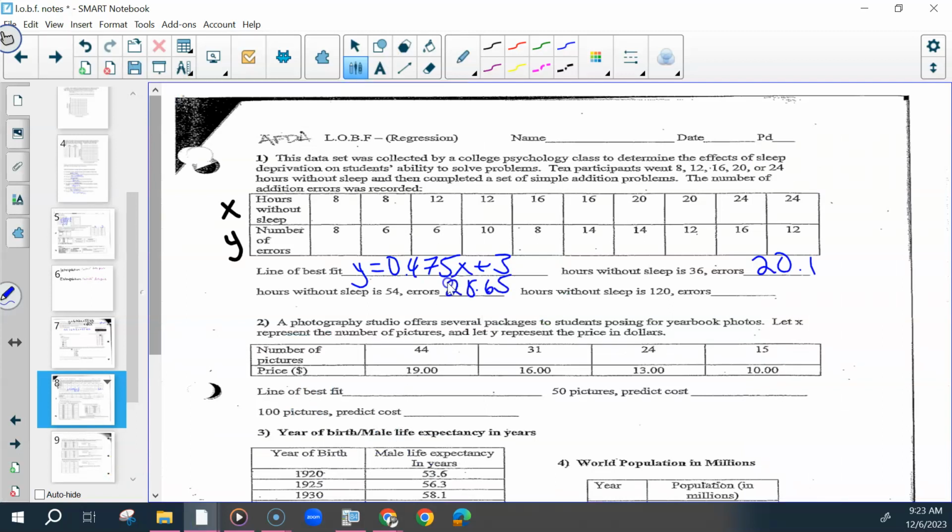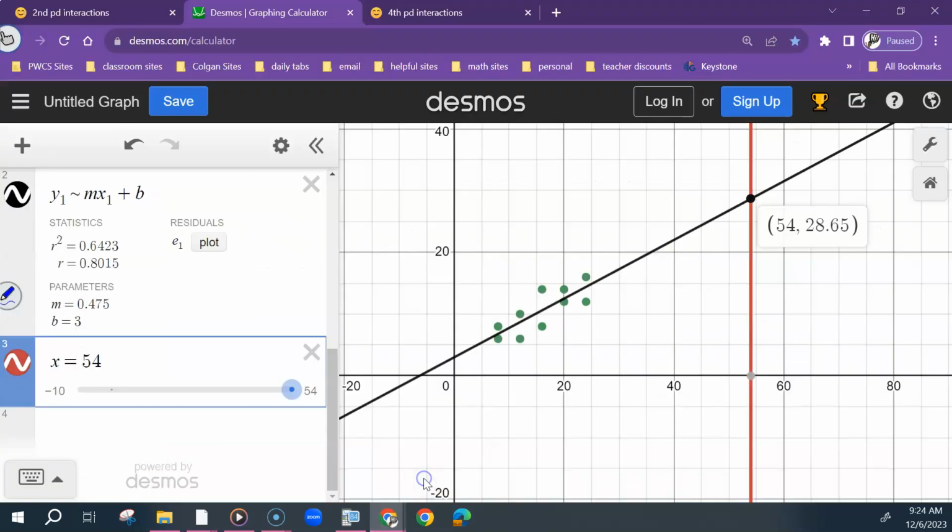Find 120. Changing x equals 120. Find where they intersect.